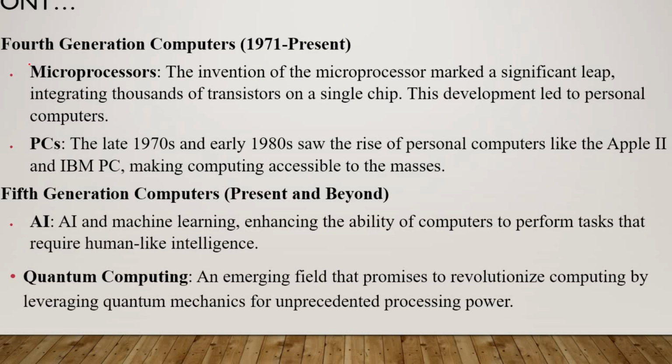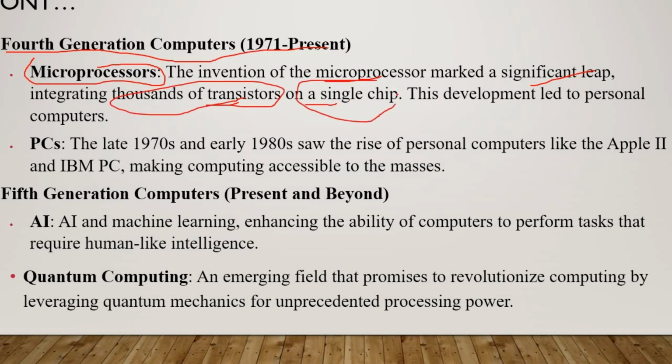The fourth generation is known for its underlying technology, the microprocessor, which is an advancement over the IC and transistors. The invention of the microprocessor marked a significant leap forward, integrating thousands of transistors on a single chip, an advancement over the third generation.